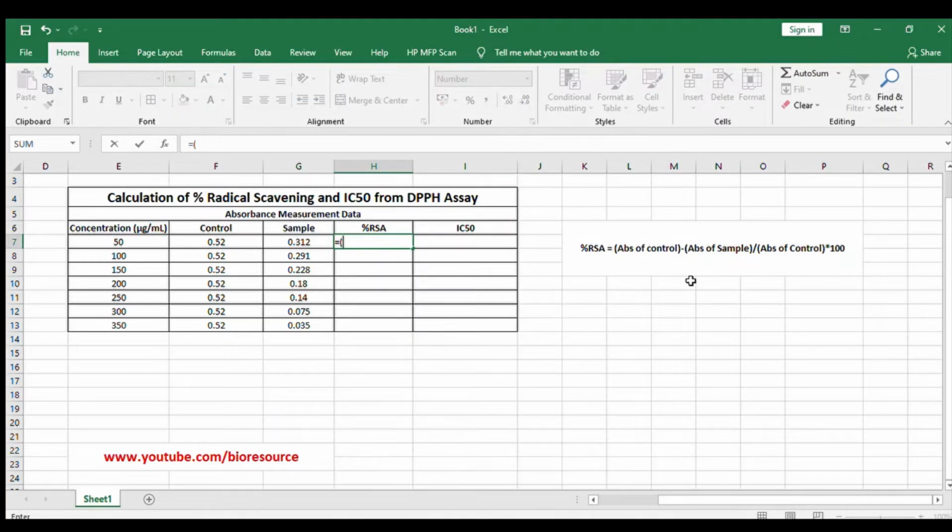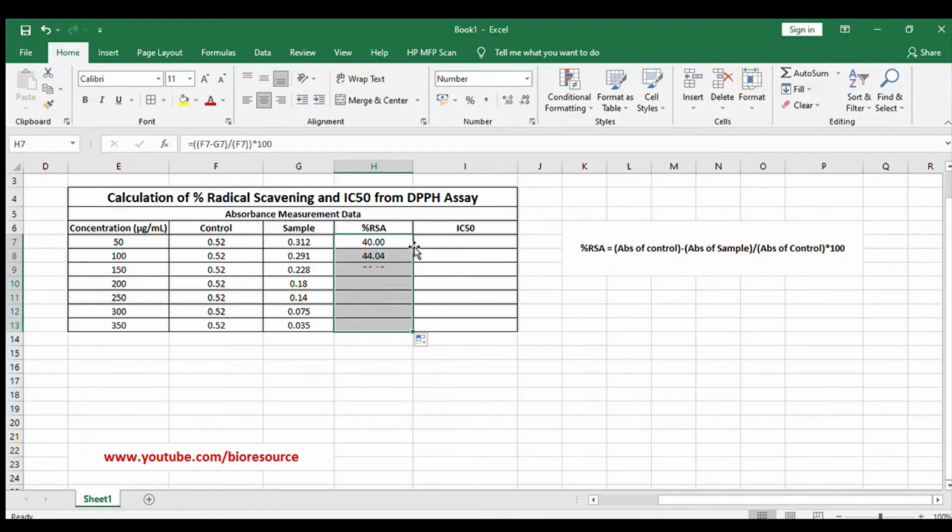So we have here the absorbance of control minus the absorbance of sample, divided by the absorbance of control, multiplied by 100 will give you the percentage RSA.